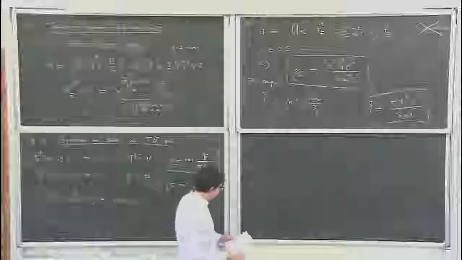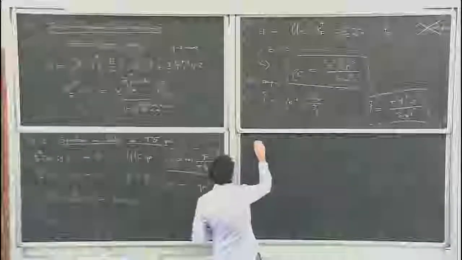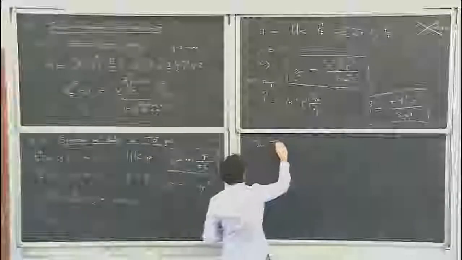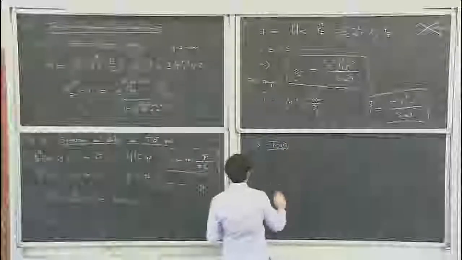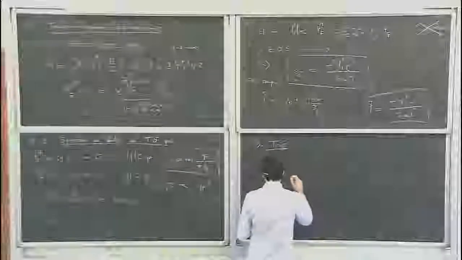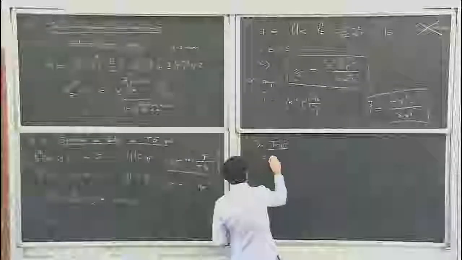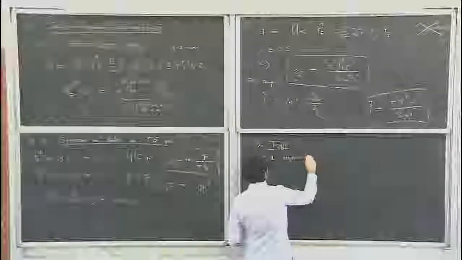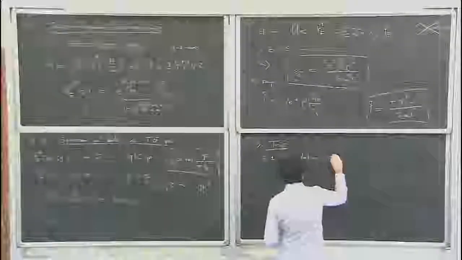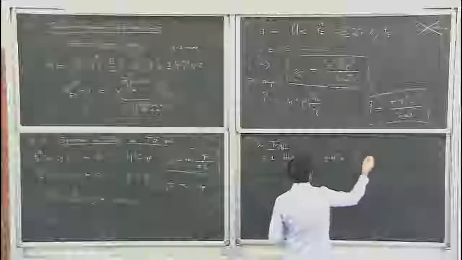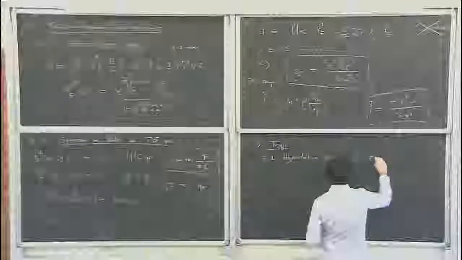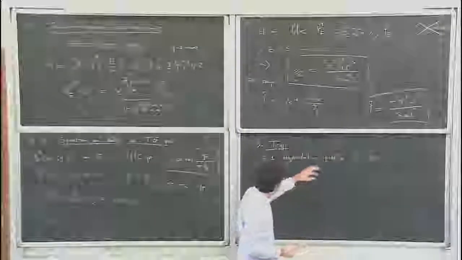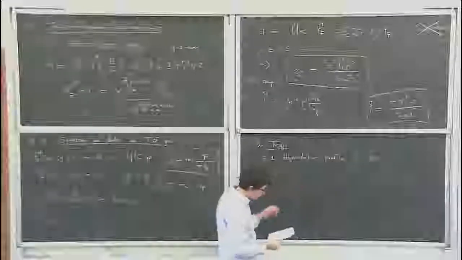Okay, now we are really going to focus on the trap. The hydrostatic profile, or if you prefer, the profile given by the local density approximation. This local density approximation is just another name for hydrostatic.